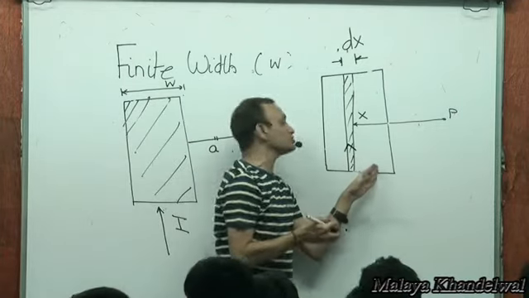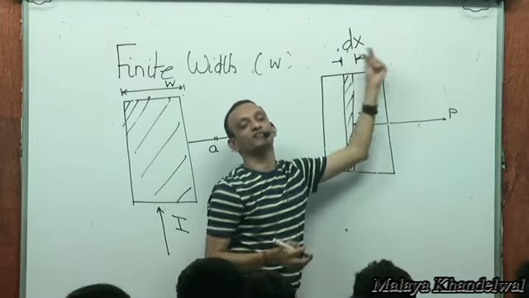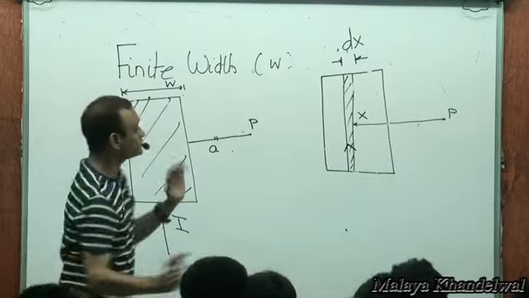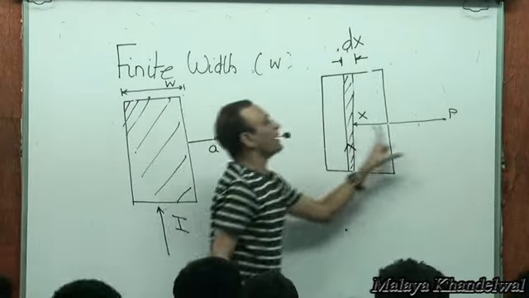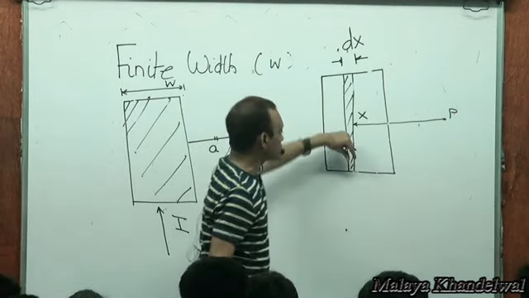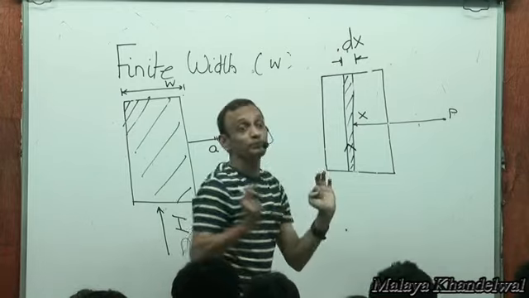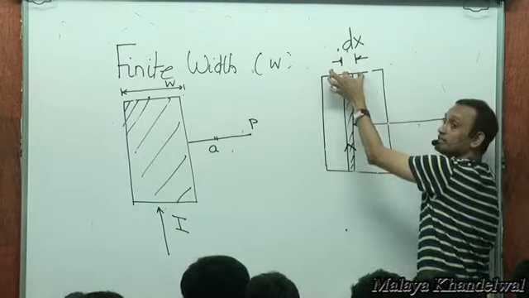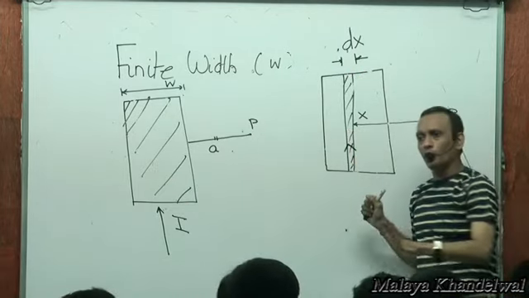So I would just need to add the dBs produced by all these thin wires at the point P, just like I add scalars, right? Now, the question then is, what's the magnetic field produced at P by this chosen thin wire? It's going to be mu naught times the current that it carries divided by 2 pi x, into the plane of the board.